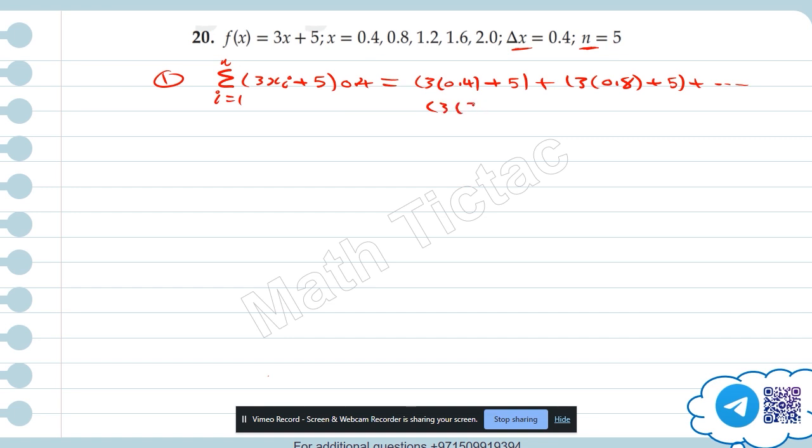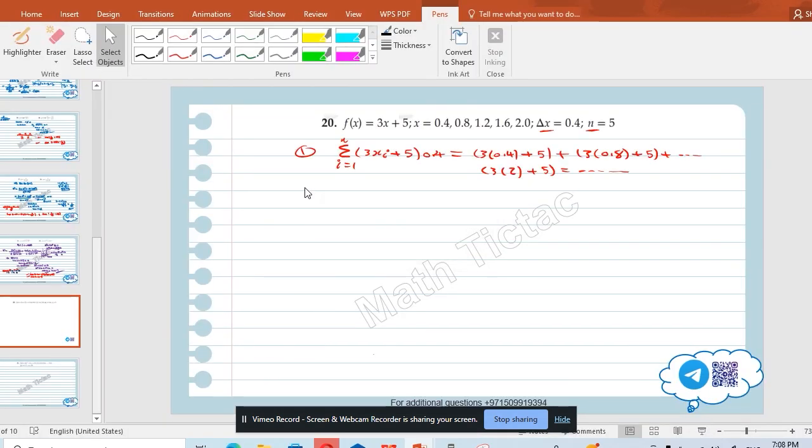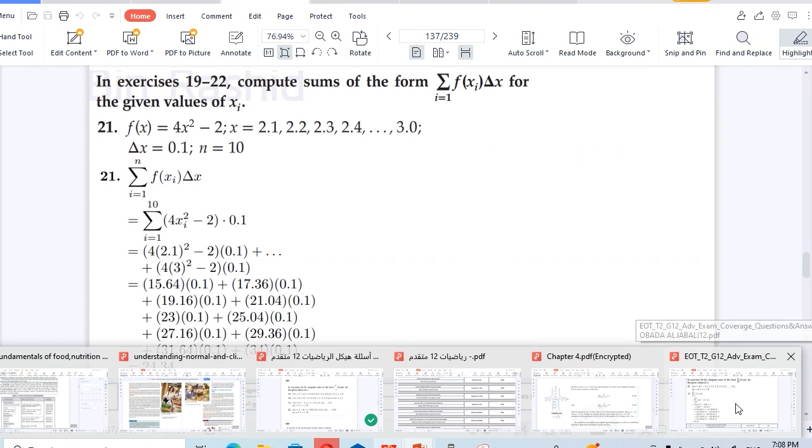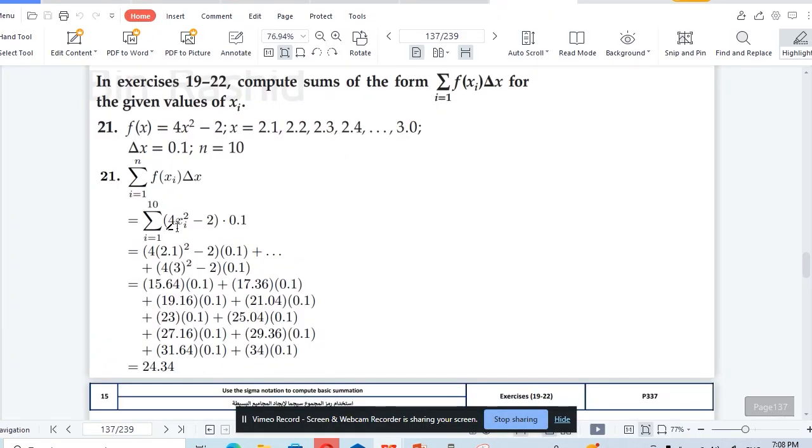This is how they explain that in the manual solution, if you would like to see. This is sigma notation, f of xi delta x. Then after that, they substitute. So i equals 1, and here 5 instead of n. Then they substituted the values, then multiplied the whole sum by 0.4.